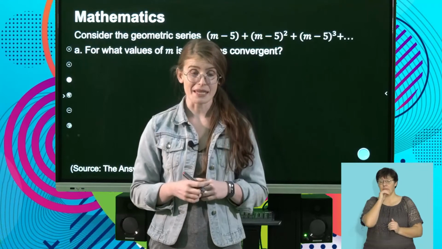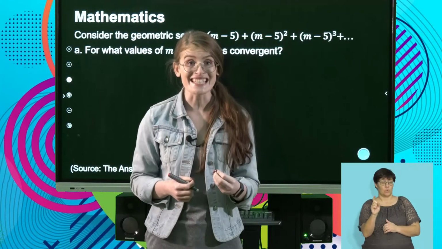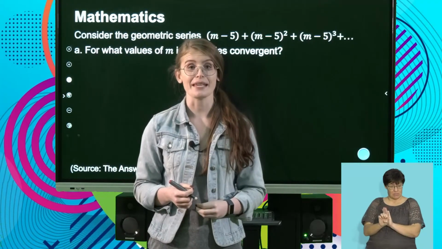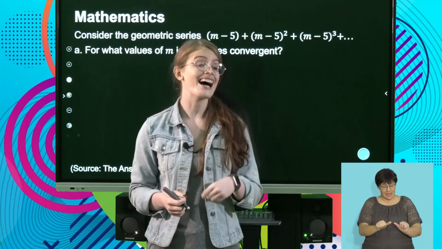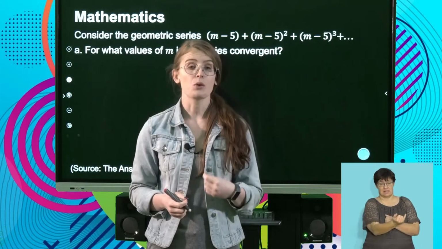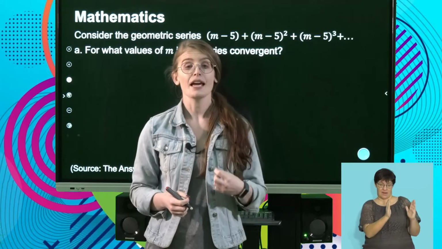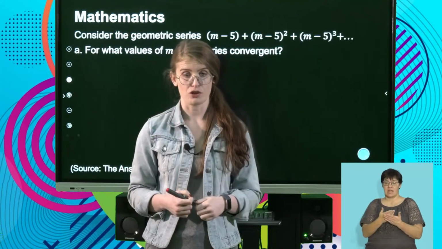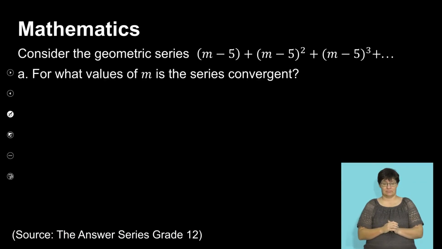So what this means is that I need to first establish what the ratio is in the example behind me. Once I know what that ratio is, I'm going to isolate m in order to determine the values that m can lie between in order for the series to be convergent. So let's write down the next few steps.